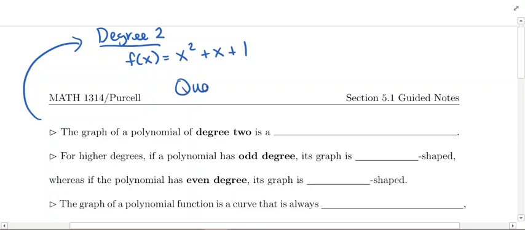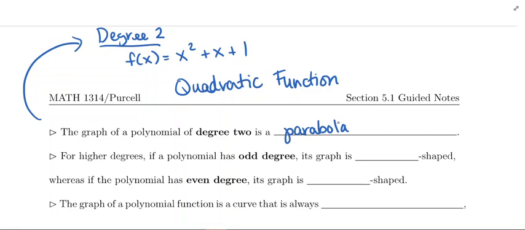So this is going to be a quadratic function, which means it is going to be a parabola. Some are going to open up and some are going to open down, but if you're dealing with a polynomial function of degree 2, you're dealing with a parabola. We've done all of this already.